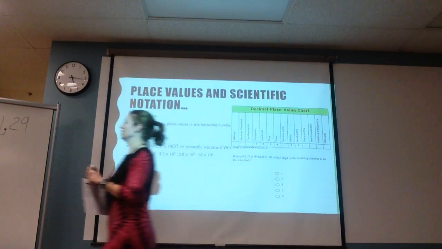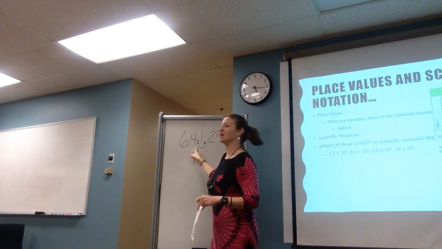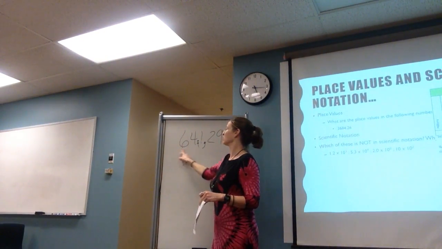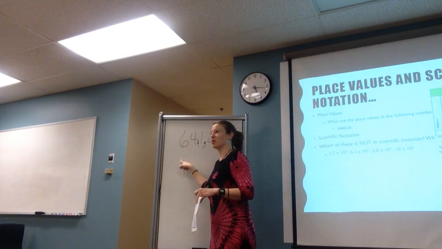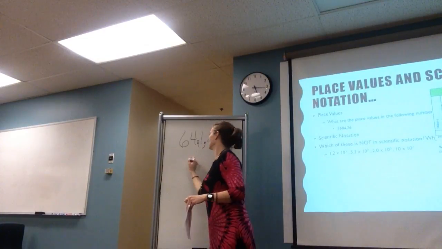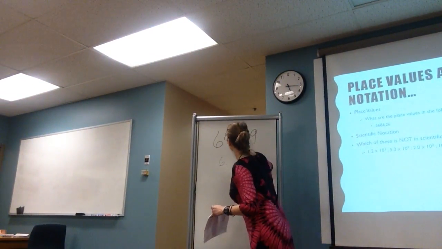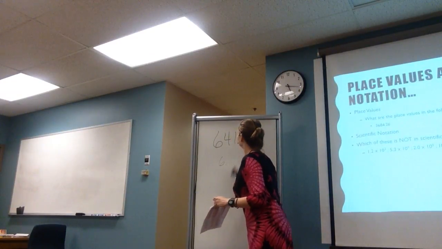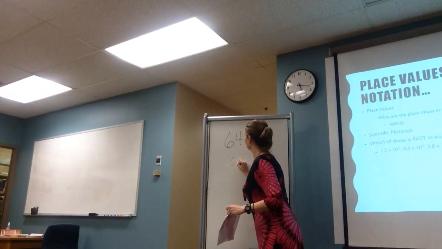So to make this in scientific notation, I can't have 64. I need the first number to be between 0 and 10, not including 0 and 10. So if I started out with my original number of 641.29, I would have to move the decimal point behind the 6.